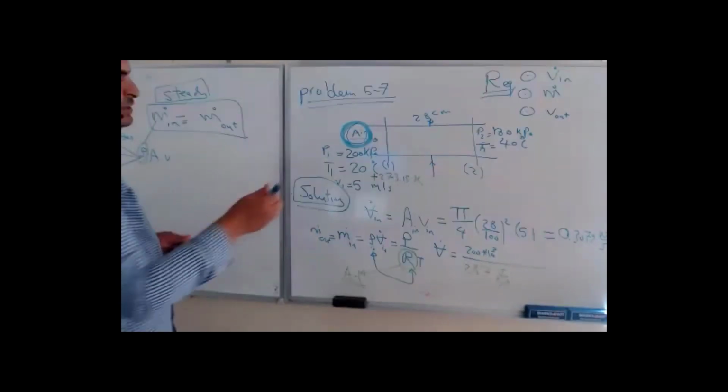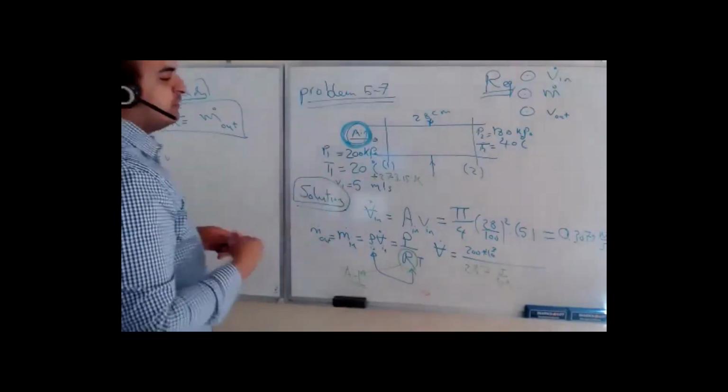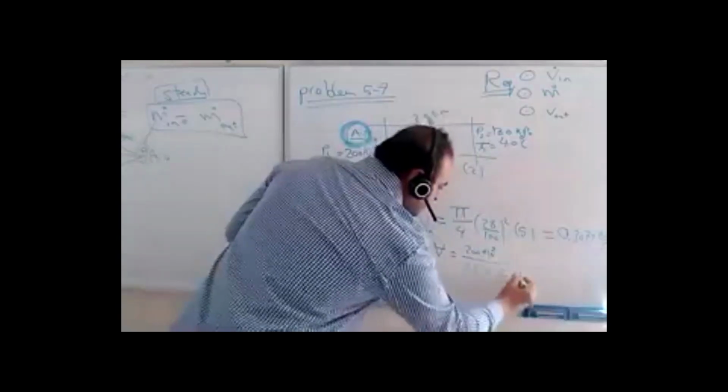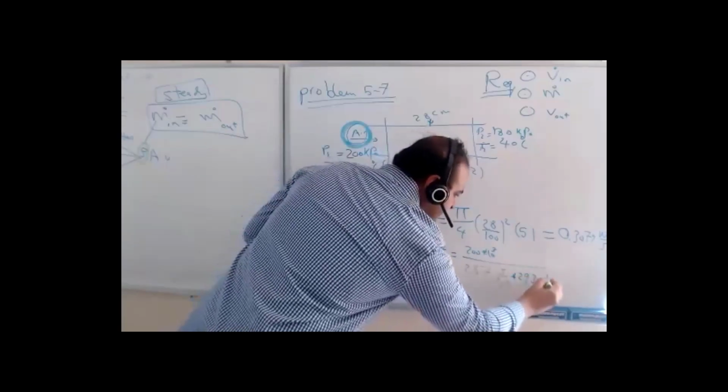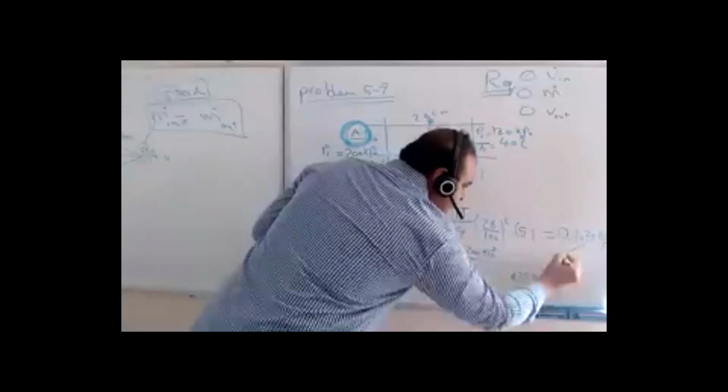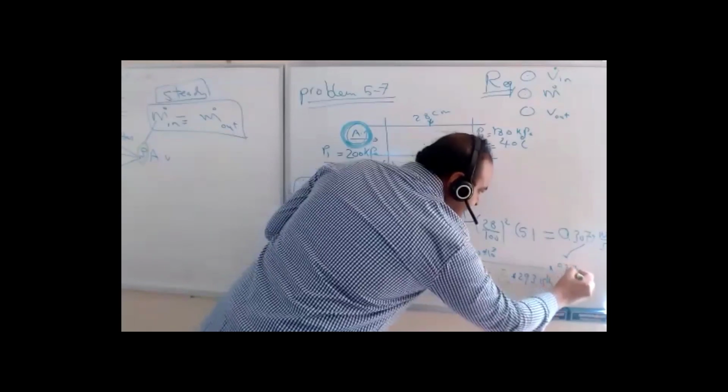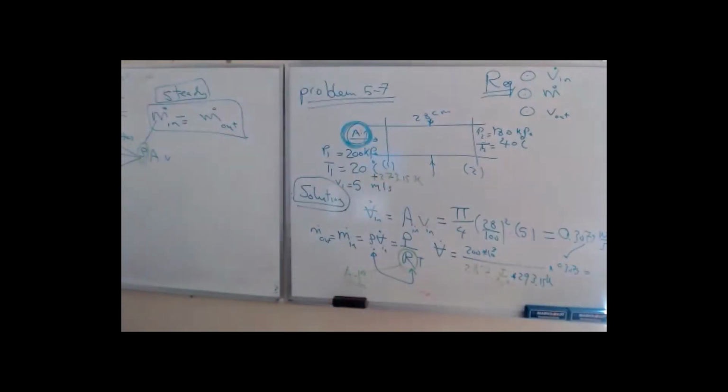Temperature in absolute, so 20 plus 273.15, 293.15 Kelvin, times volume flow rate. Make sense, guys? Just one line. So it's 0.73 kilogram per second.